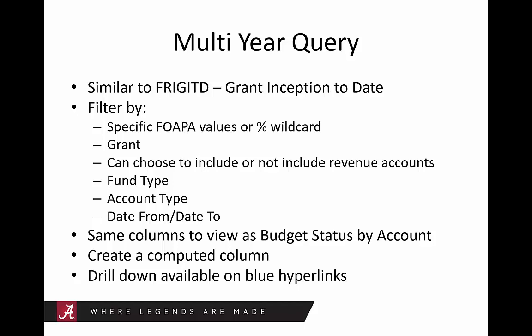You can choose whether to view the revenue accounts, and you may also view by fund type and/or account type. The date ranges may be selected for this query. The same column views exist here as they did for the budget status by account. You can also create a computed column, and drill down is available through the blue hyperlinks.